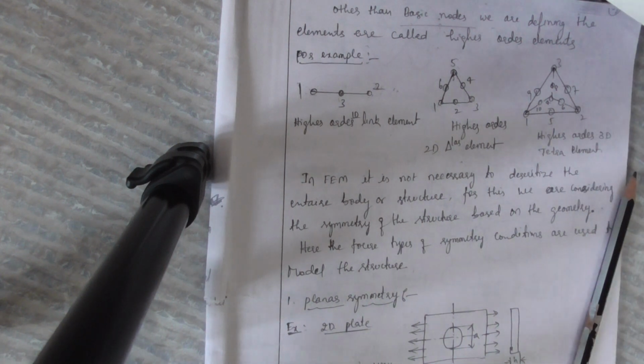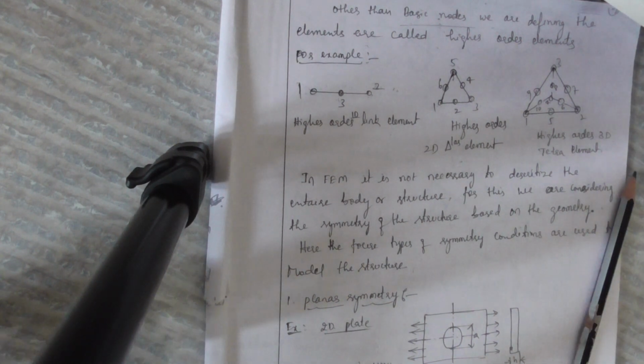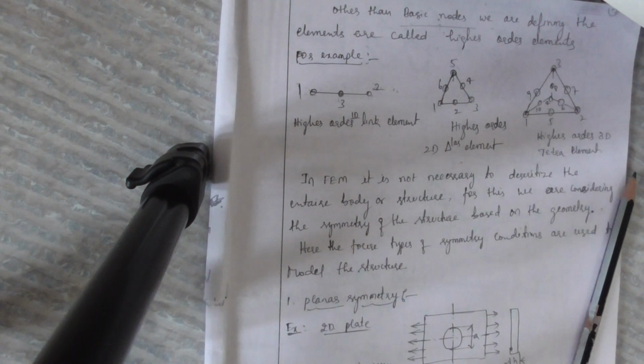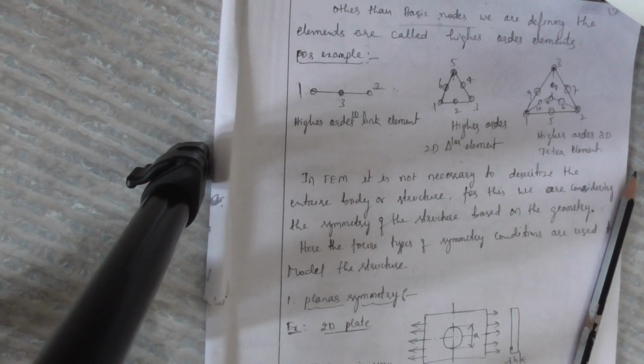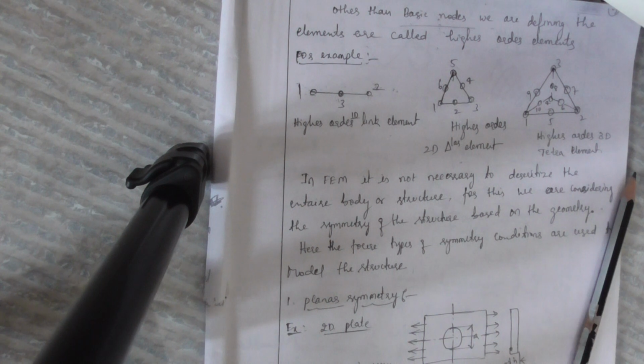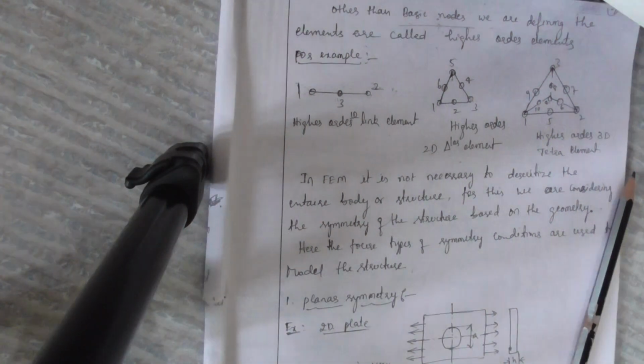What I am telling is, in FEM it is not necessary to discretize the entire body for a given body. Suppose it is a cylinder or a turbine blade, we can consider some kind of symmetry, axis symmetry, planar symmetry. That means we can reduce the computational time instead of dividing the entire physical body.